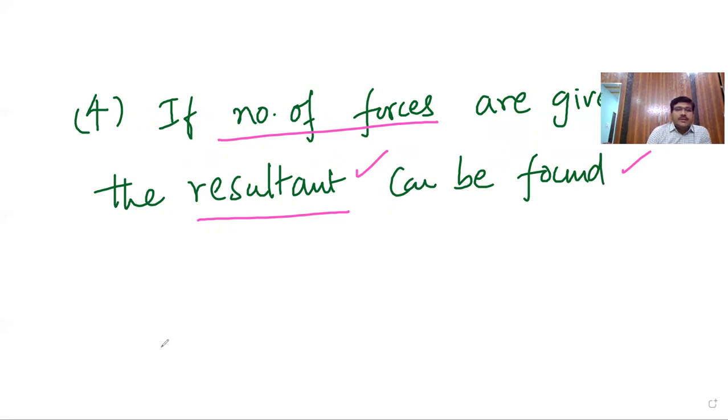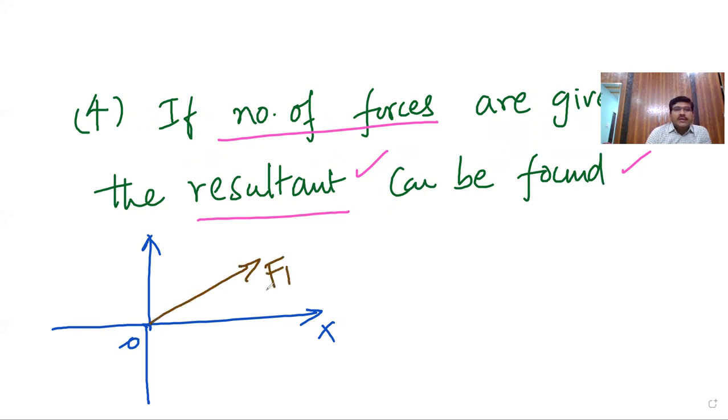Suppose this is the x-axis, this is the y-axis, and this is the origin. Let us say there is one force F1 making an angle theta 1. There is another force F2 making an angle theta 2 with the x-axis.